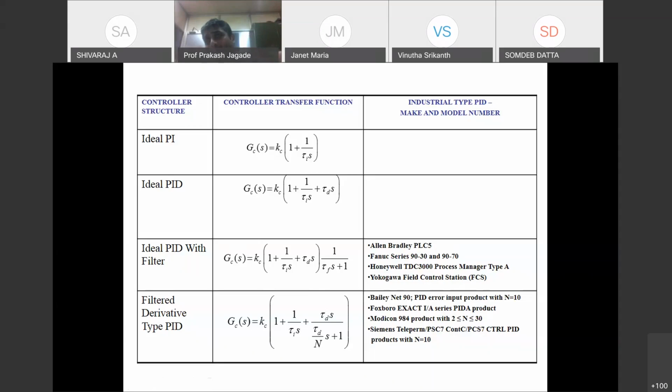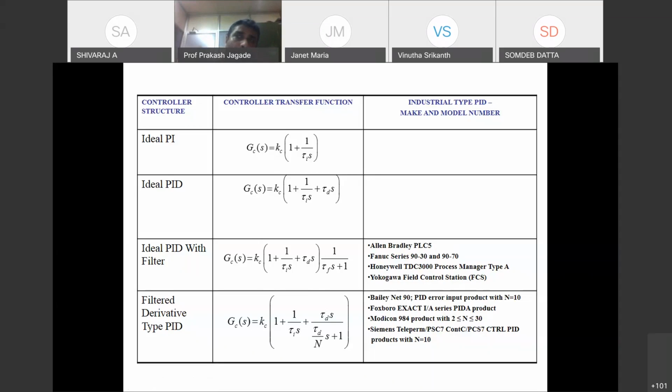But in a nutshell, how a PID controller does corrective action, if I want to put it in plain English, is that the corrective action is based on what is happening at the moment, what has happened in the past, and what will happen in future.